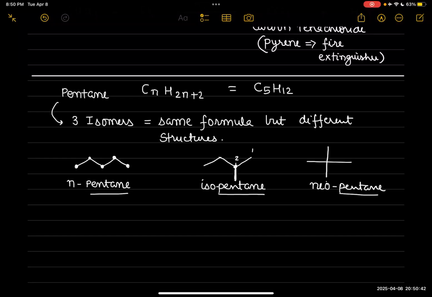IUPAC names are pentane, 2 methyl pentane, and 2 dimethyl pentane, because I will do the numbering like this.